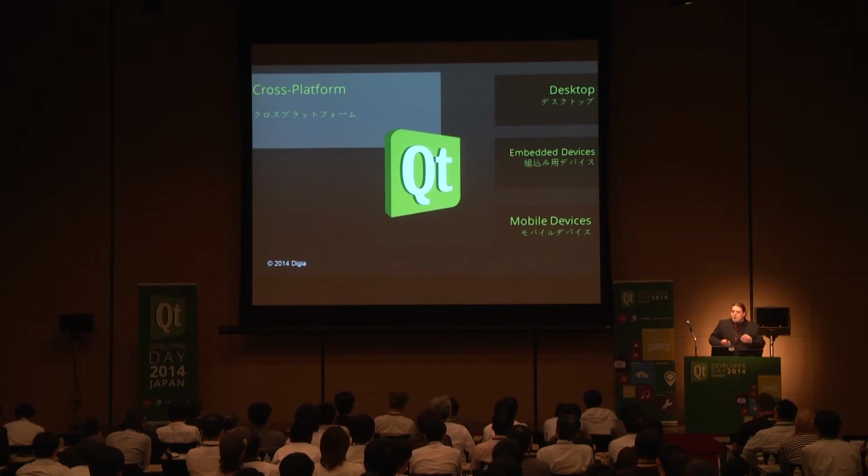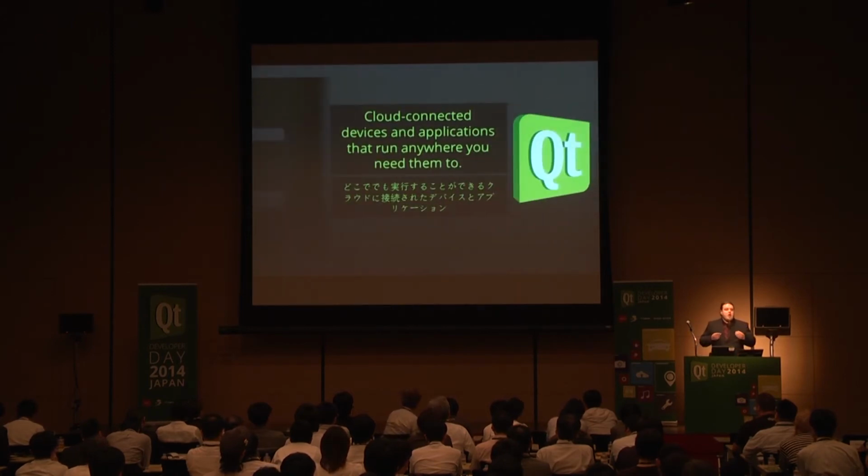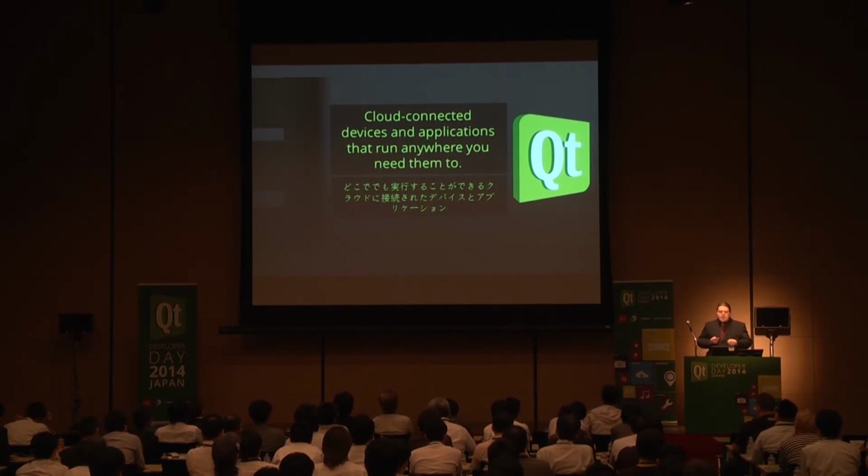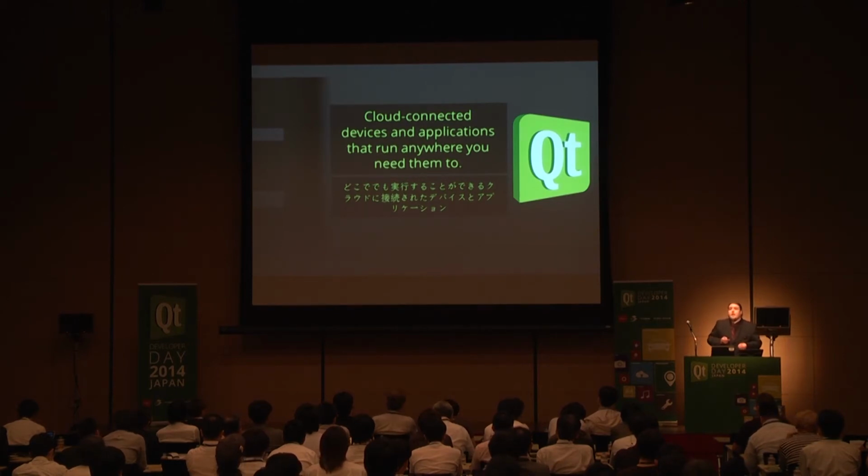When we combine these together and reflect them to the Internet of Things story, that becomes the cross-platform story of today. We want to enable you to take your devices, make them cloud connected, and create embedded devices and applications that run anywhere you need them to. Let's take a closer look at what we have to offer technically to implement these kinds of things.